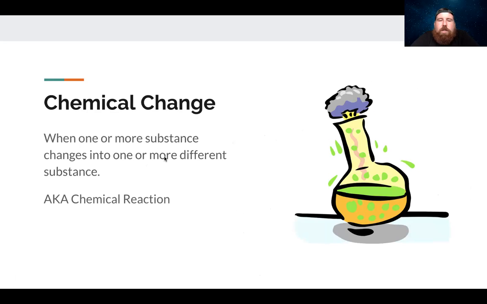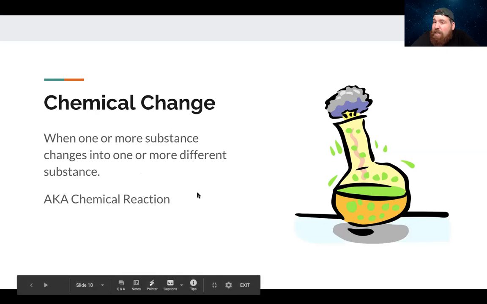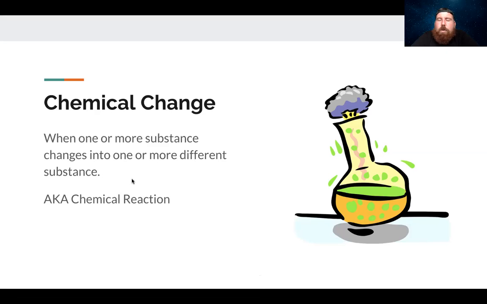But generally speaking, a chemical change is when one or more chemical substances change their identity, their formula, into one or more different substances. So when you have an explosion, when you have that precipitation, when you have that flame, generally speaking, what's happening is the chemical formula is starting as a reactant in one form and turning into a product in a different form. And that's going to be your chemical change or chemical reaction.